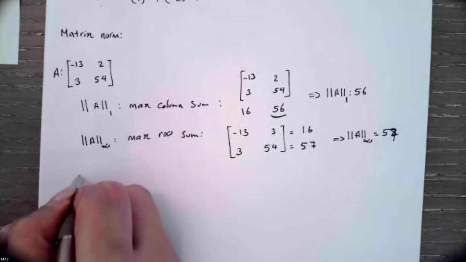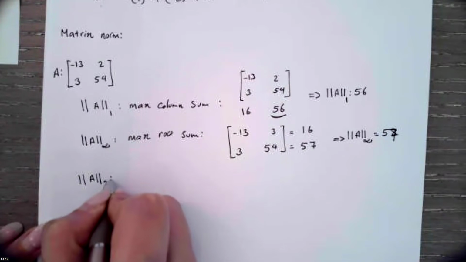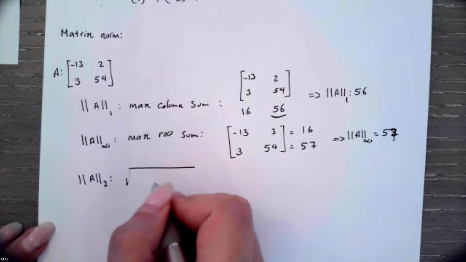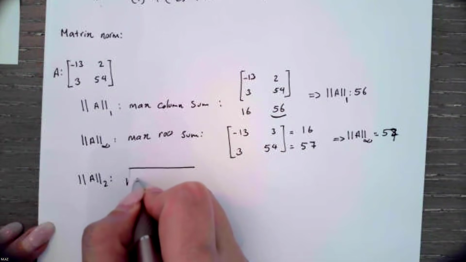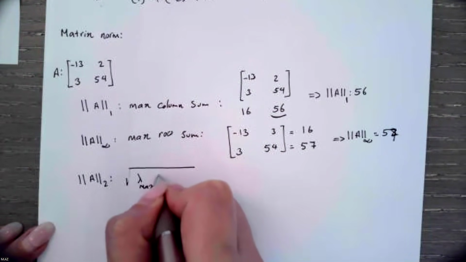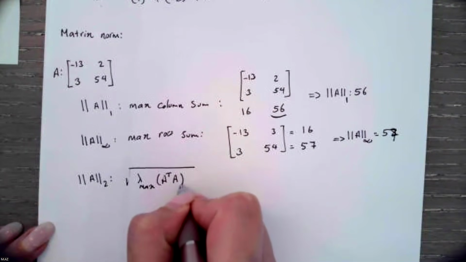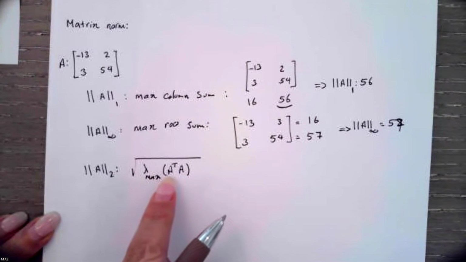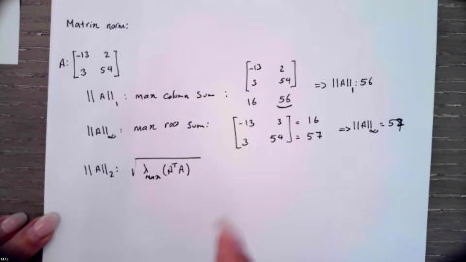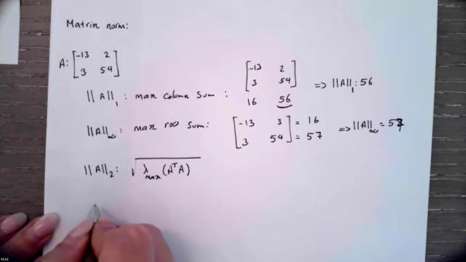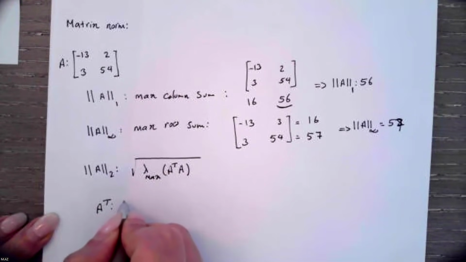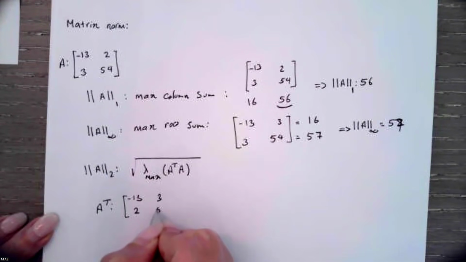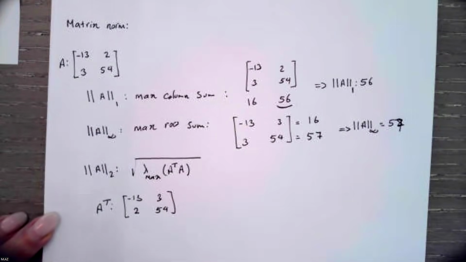For finding the norm 2, we need to find the maximum lambda for A transpose times A. First, we have to find A transpose times A. This is A transpose, switching the rows and columns.